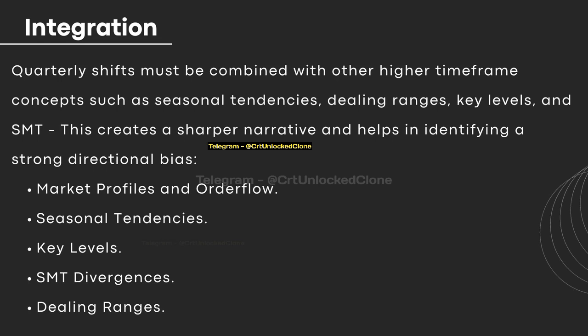And with the help of this, we can create sharper narratives and a lot more accurate and strong higher time frame directional biases. The different concepts that we're going to integrate with quarterly shifts are market profiles, seasonal tendencies, key levels, SMT divergences, and dealing ranges, right? I'll be discussing most of them in this chapter.